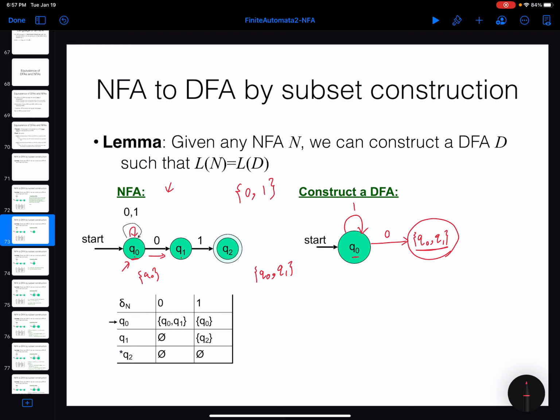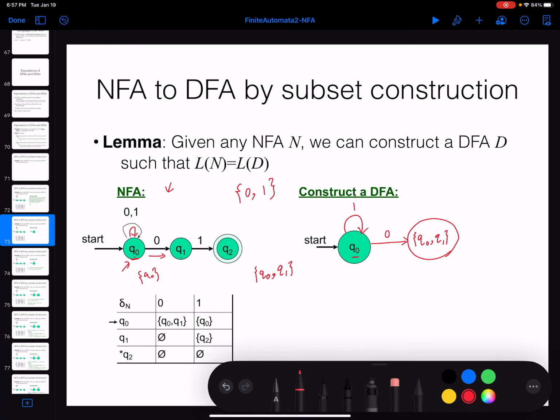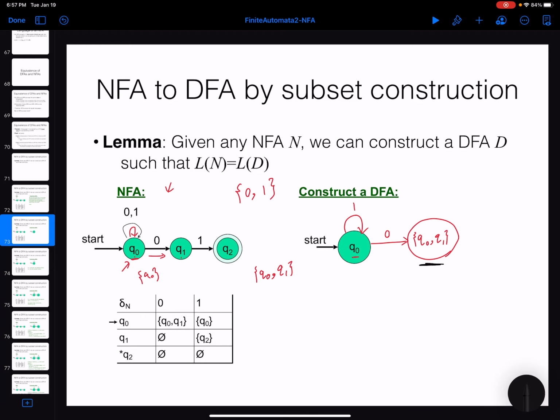Now I'm going to investigate what would happen if I am at the situation of Q0, Q1. This is going to be this state, right? I'm going to follow and check, for all the possible input symbols, what would happen. What are going to be all the transitions for this situation, Q0, Q1?